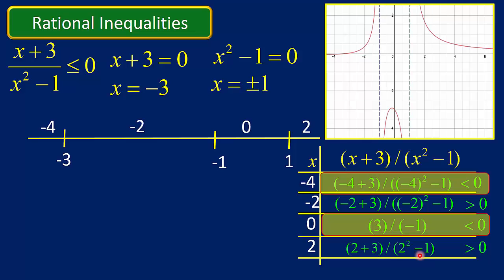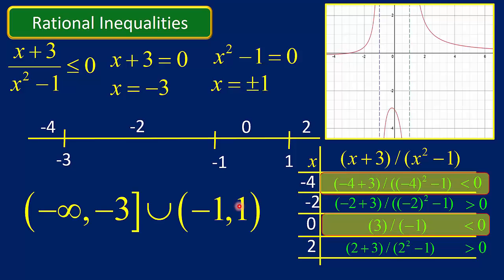So here's my solution. Notice -3 is right here. So I'm going to have -infinity to -3. So notice over here, this region between -1 and 1, notice I don't have a bracket here. I have the parentheses indicating that -1 and 1 are not included as part of my solution region.